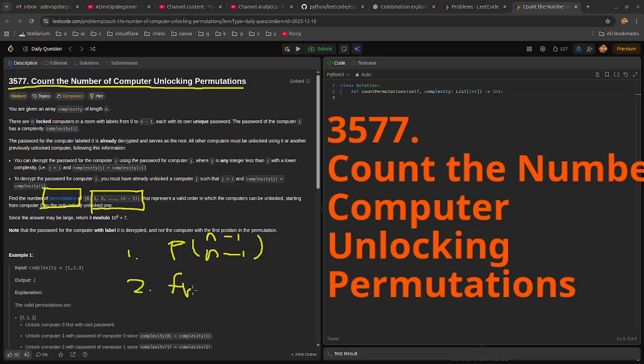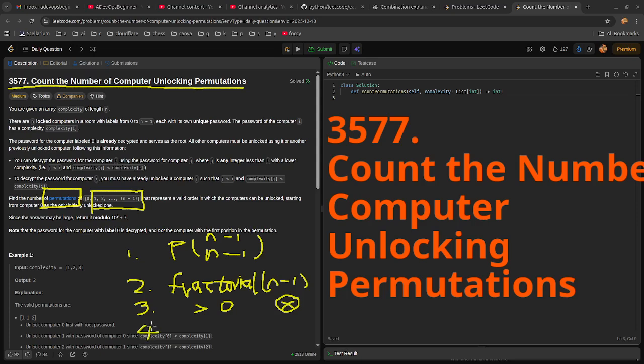It will be factorial n minus 1. But the only corner case we have to pay attention to is if there's a number that is greater than number 0, then it is impossible.